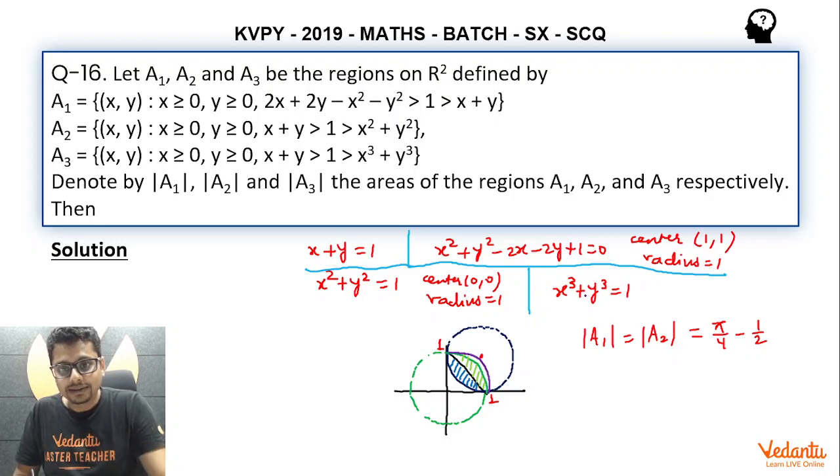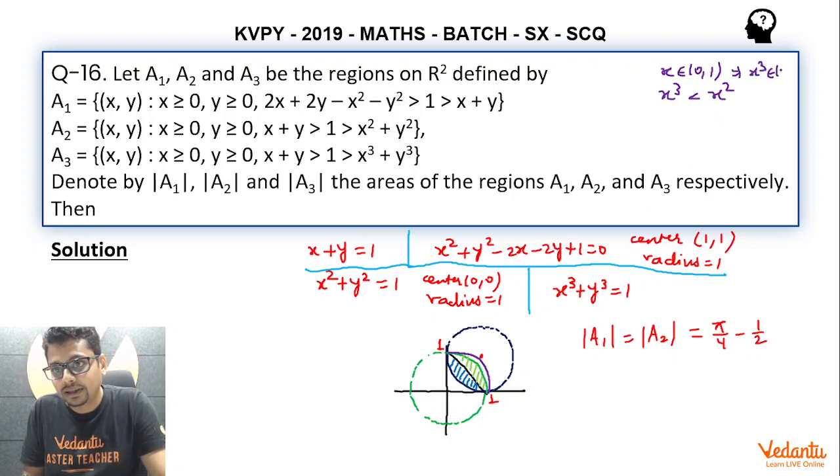So that means when x is between 0 and 1, x cube will be less than x square. So let me write it here. When x is between 0 and 1, x cube will be less than x square. And when x is between 0 and 1, x cube would also be between 0 and 1, isn't it?